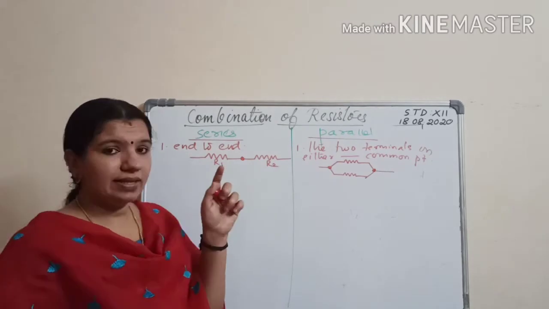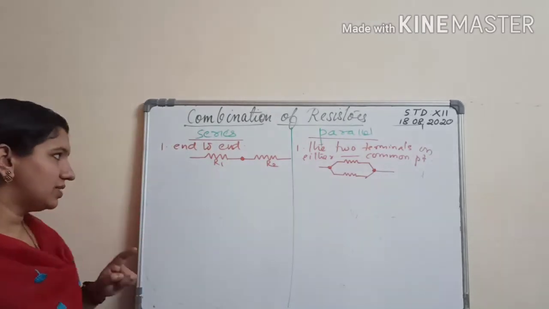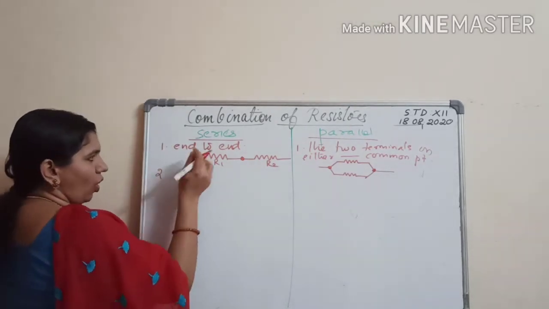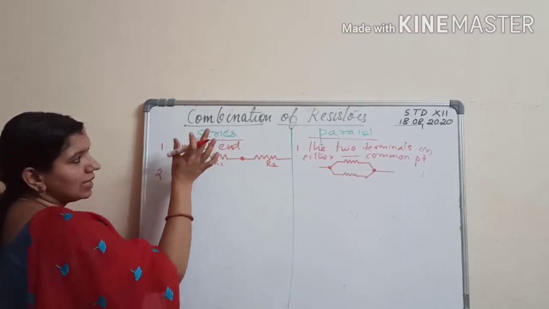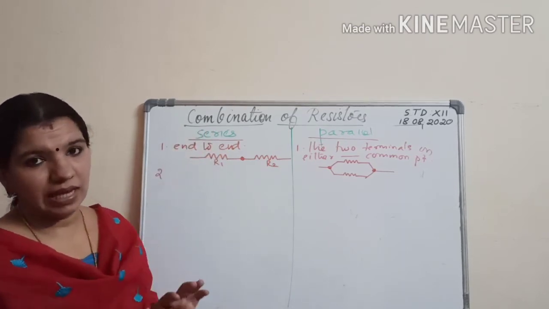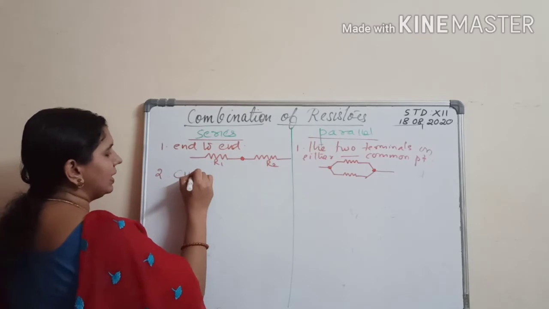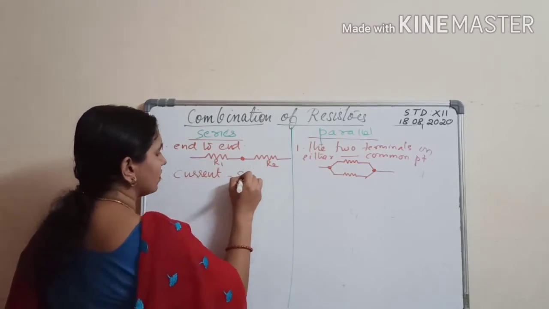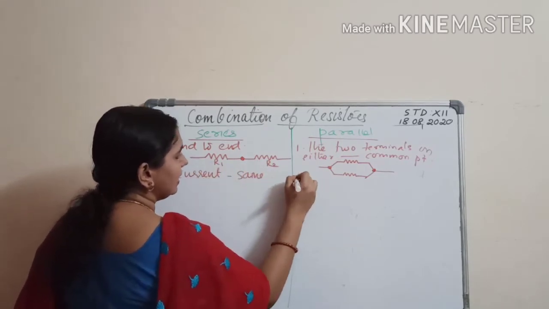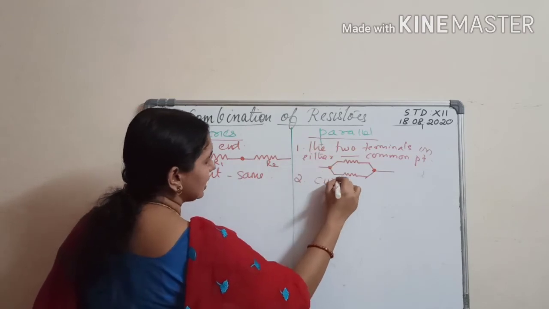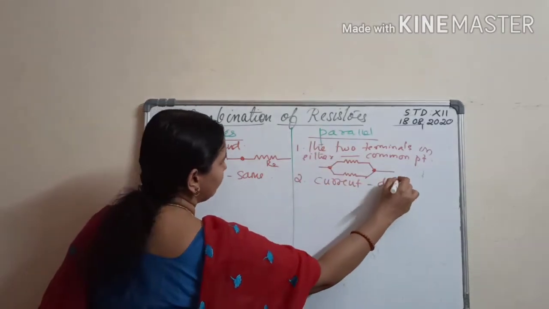Now the main thing that you have to listen to here is, first, in series combination, the current will remain the same. But in parallel combination, the current will be different.